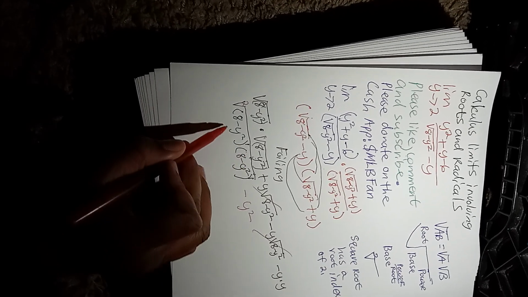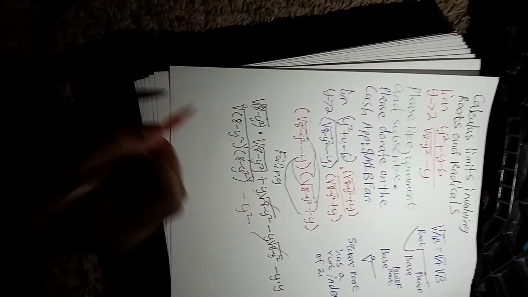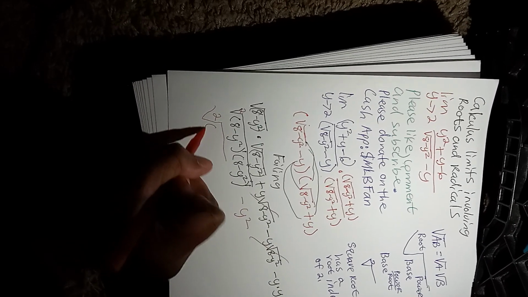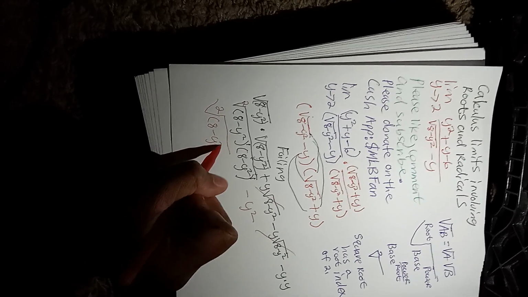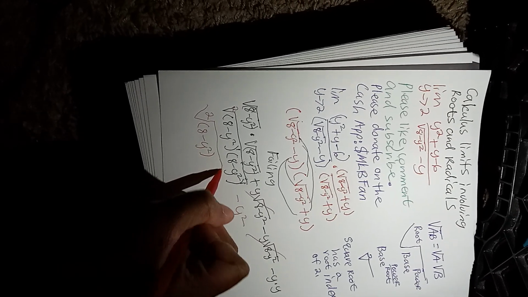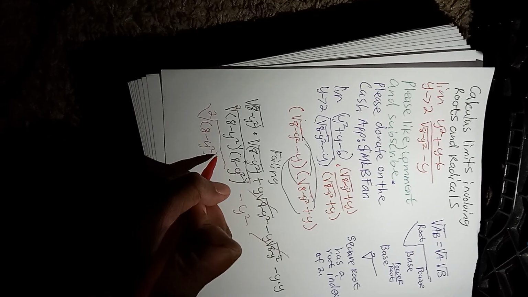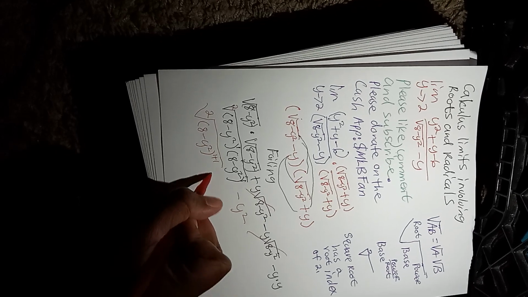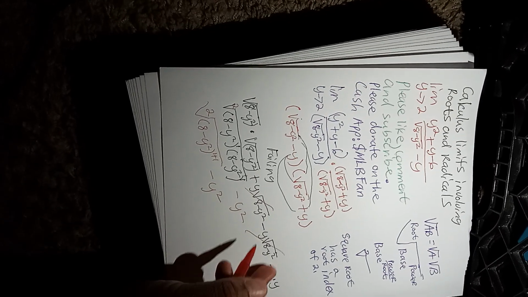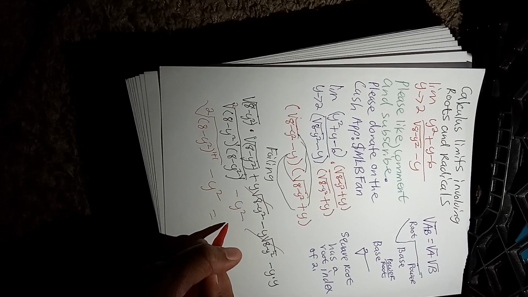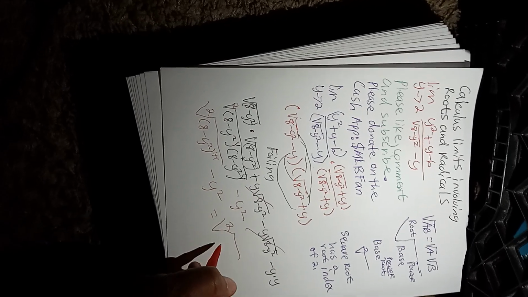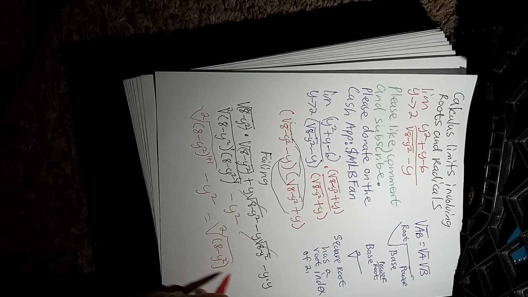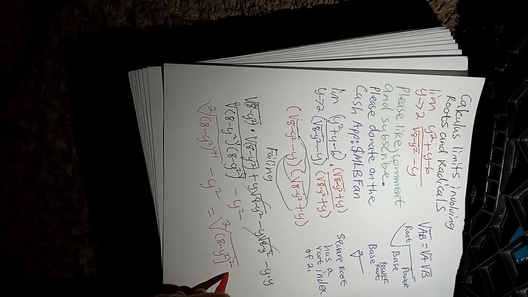And so this square root can be rewritten as the square root of 8 minus y squared to the 1 plus 1, utilizing the product rule, minus y squared, which is equal to the square root of 8 minus y squared, minus y squared.